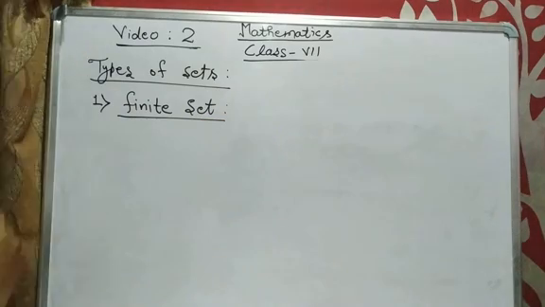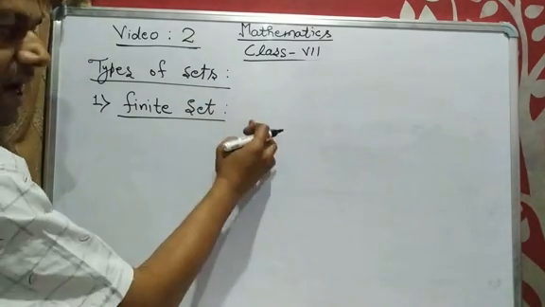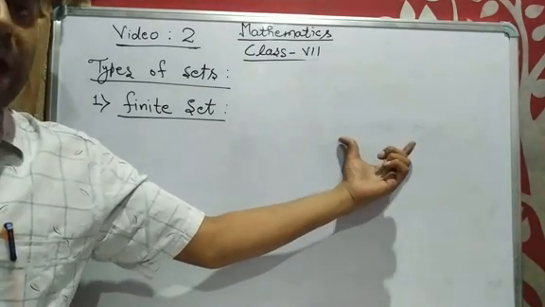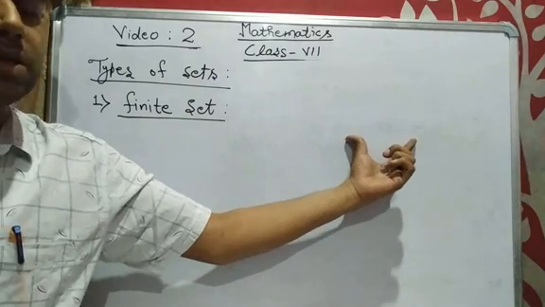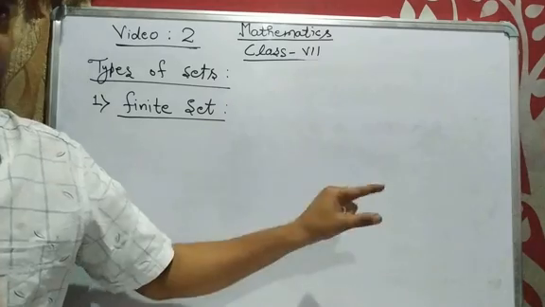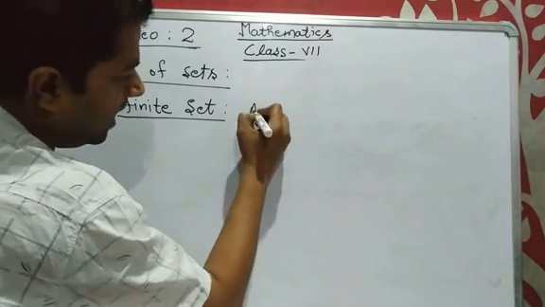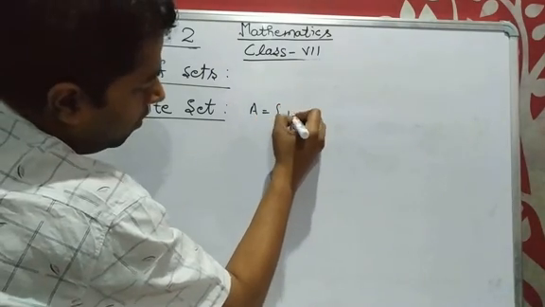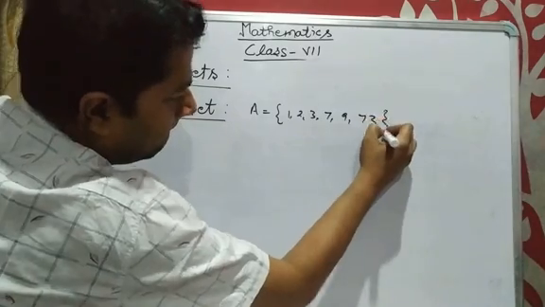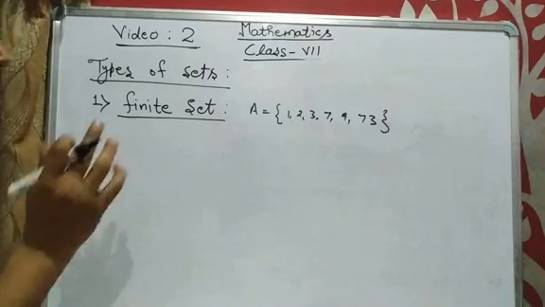finite set. As the name specifies, finite set means a set in which the number of elements, members, objects in that set are finite. Finite means we can count them. Like A is equal to 1, 2, 3, 7, 9, 73. 1, 2, 3, 4, 5, 6. Total 6 elements.